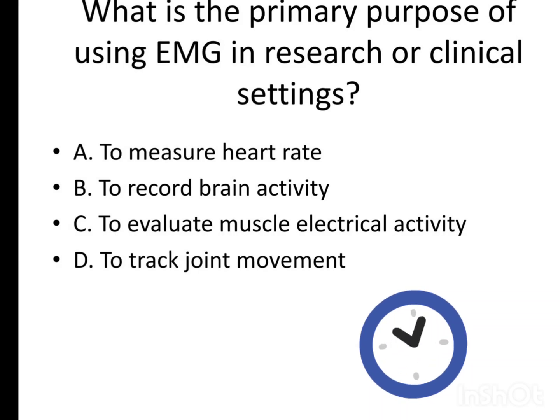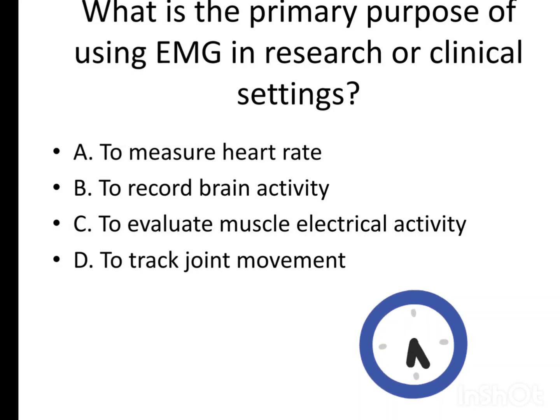What is the primary purpose of using EMG in research and clinical settings? As I said earlier, electromyography is the technique to evaluate muscular activity. Option A is to measure heart rate, B to record brain activity, C to evaluate muscle electrical activity, D to track joint movements.